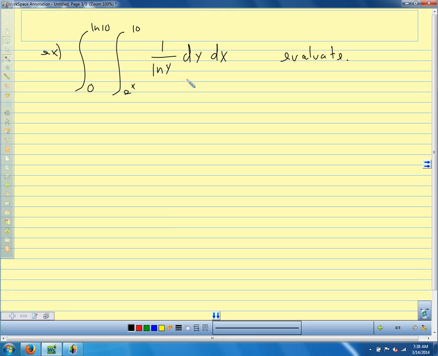What do we think? We don't have a du for this natural log y to do a u substitution. So this one looks difficult. So what do we need to do? We need to switch our order. So this is difficult.